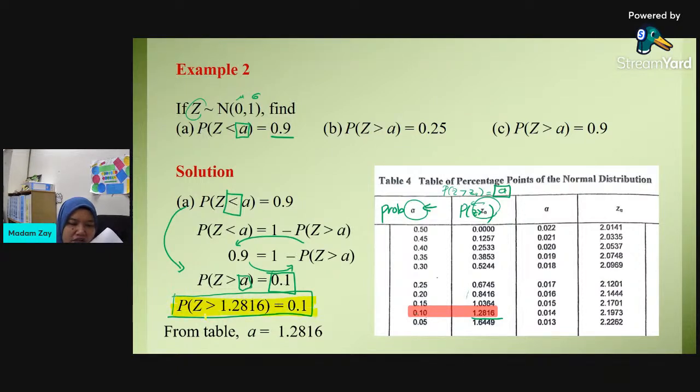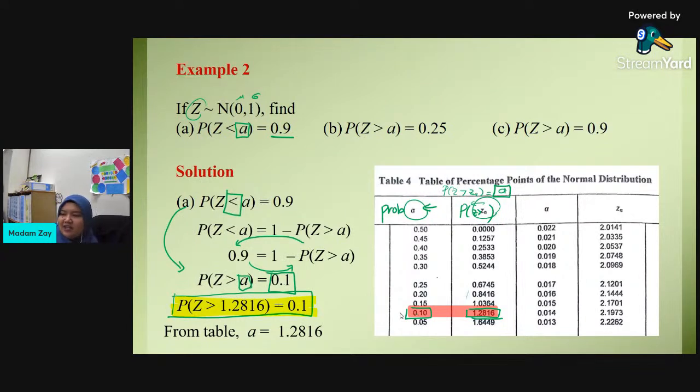Okay, so the probability of Z more than 1.2816 will give you probability 0.1. Can you see, Atila? Okay, good.